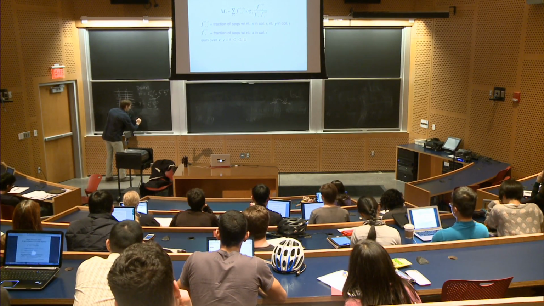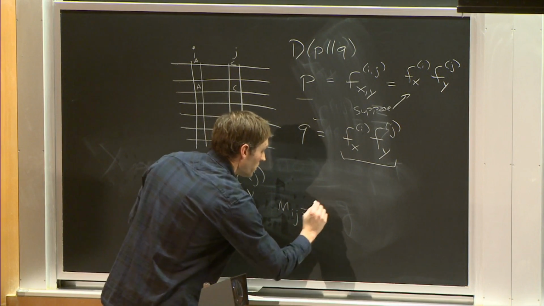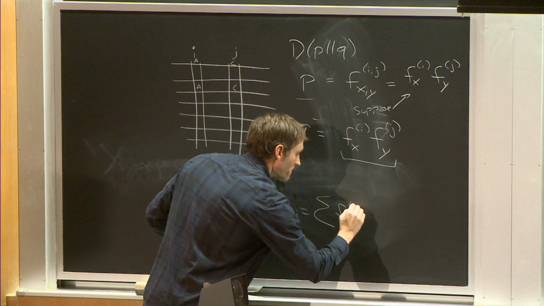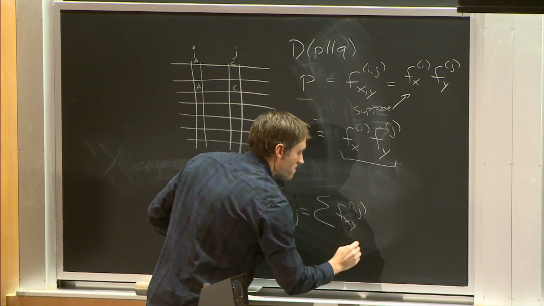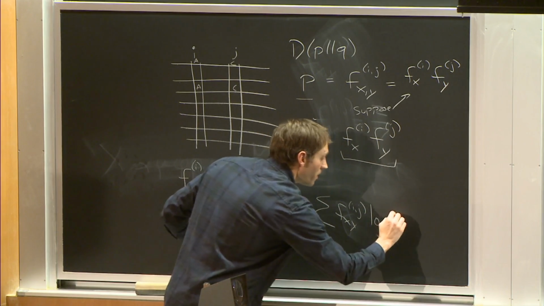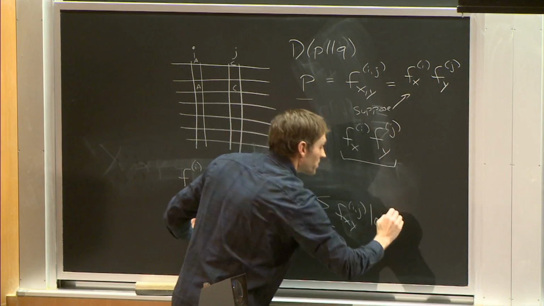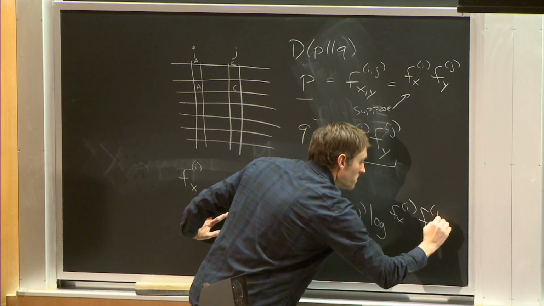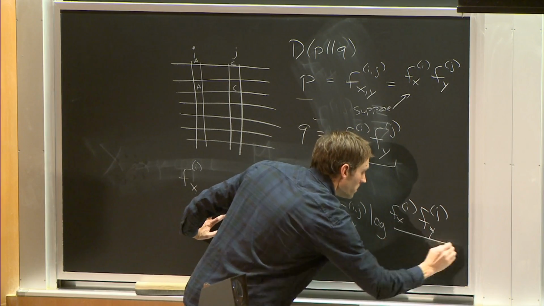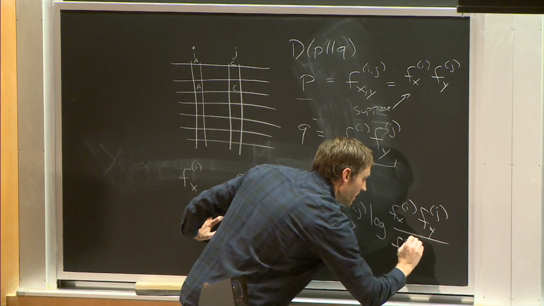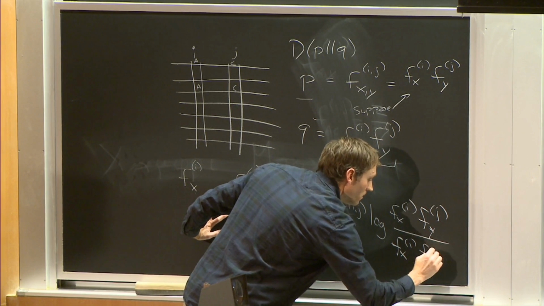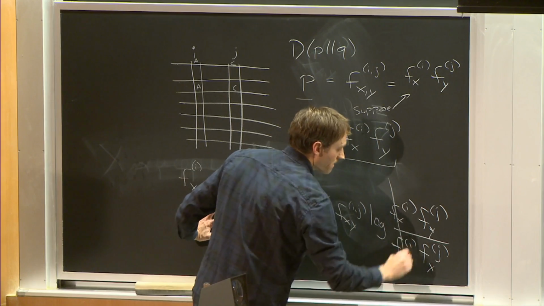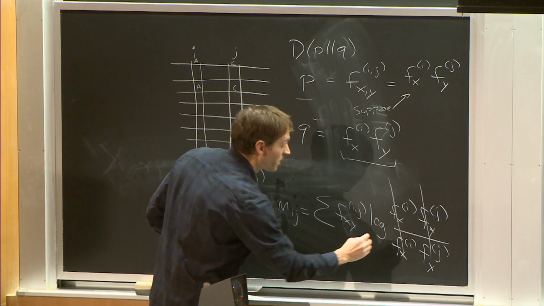We've got M_ij equals the summation of what? The log of this, which is equal to this, right? So it's f_xi f_yj over the same thing, and log of 1 is 0, right?